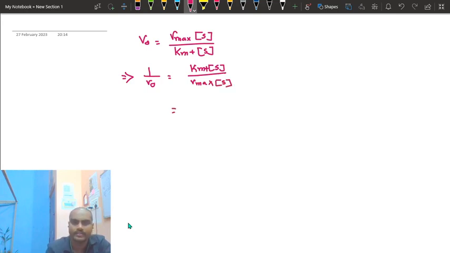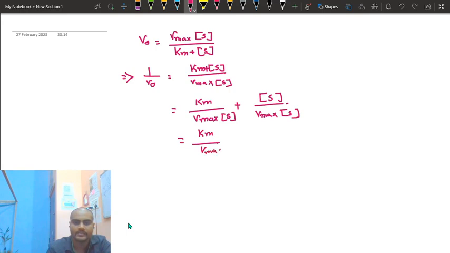Now we can write it as Km by Vmax into 1 by [S], the substrate, plus 1 by Vmax, right? So this is all about 1 by V0.